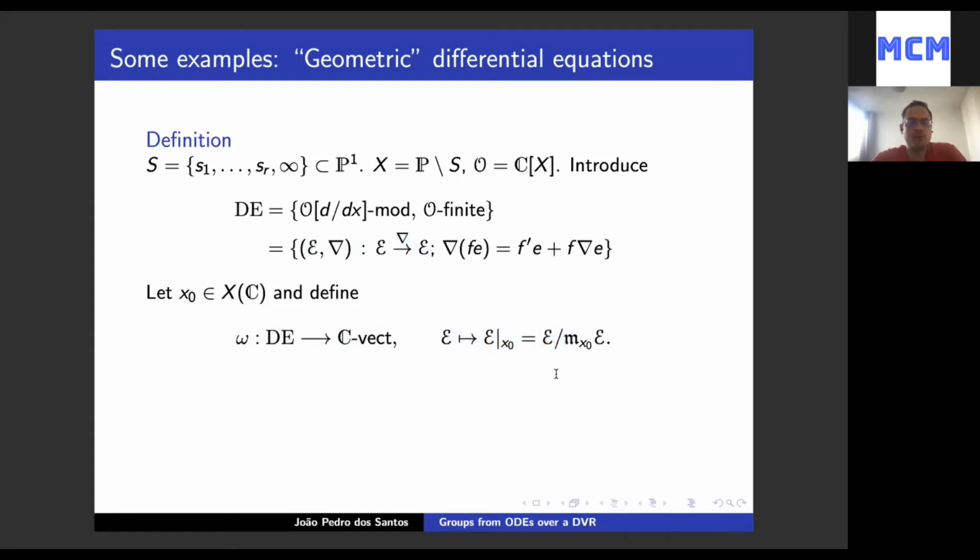So this gives me all the ingredients to do Tannaka theory, and I get pi of dE, which is a pro-algebraic group, and I get the Tannaka Galois group, pi E, which is a linear algebraic group.